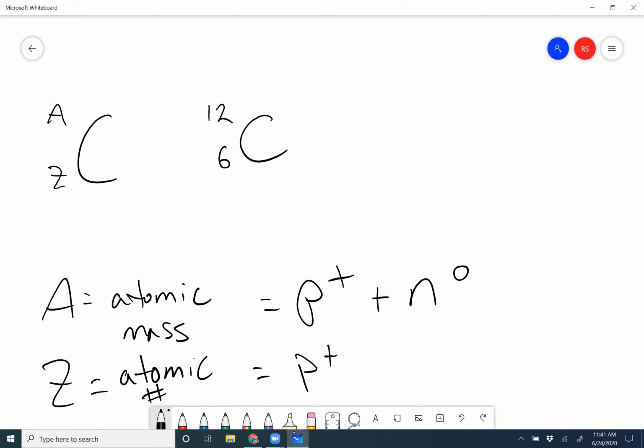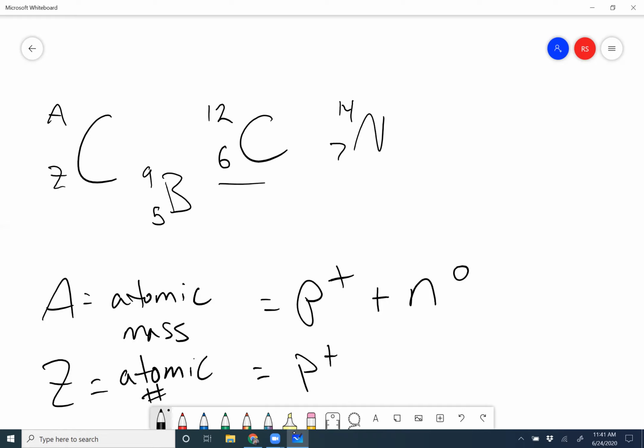If it doesn't have 6 protons, say for instance it has 7, well, that's nitrogen. And if it has 1 fewer, well, that's boron. So the number of protons identifies which atom it is.